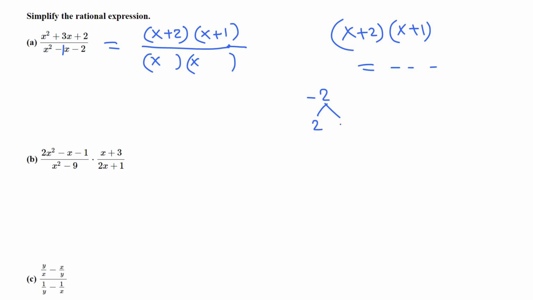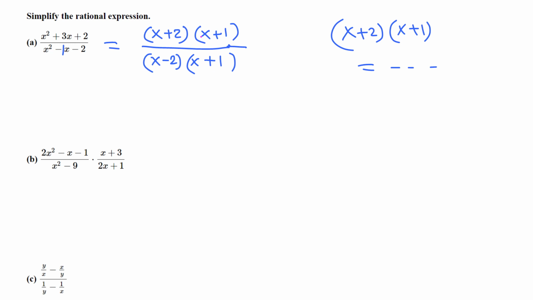Negative 2 times 1 gives negative 2, and negative 2 and 1 make negative 1. Okay, looks good. It doesn't matter where you write them, negative 2 and 1 means x plus 1 and x minus 2. You can check by multiplying or FOILing. Just multiply and you will see.